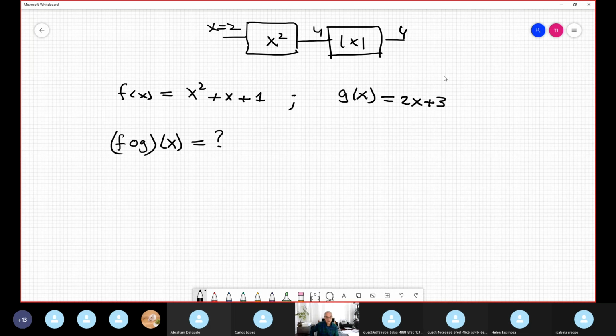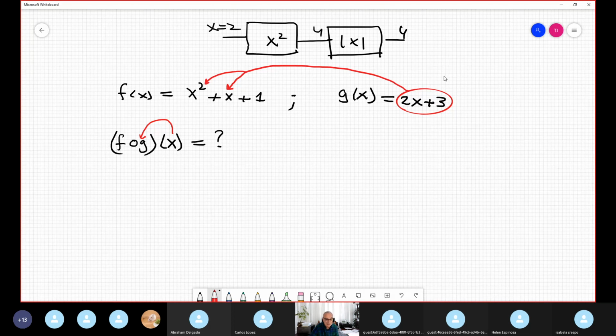Okay. Entonces I realize that g is the first function. G is the innermost function. Therefore, g is this guy. Substitution here and here.